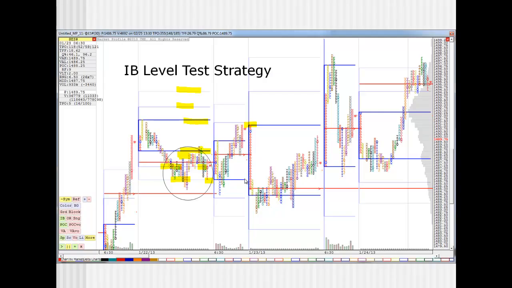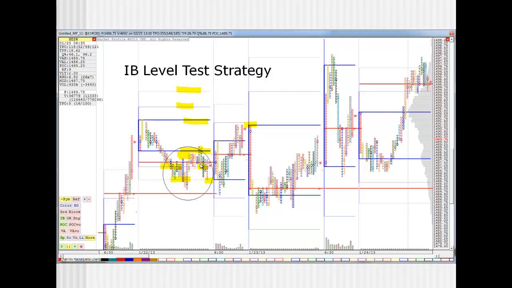Now, one of the nice things about this strategy is that identifying the risk management parameters is very easy, because when we have two consecutive failed tests, right away we know that we can put our stop loss right at the initial balance low if we are in fact going to take a short.